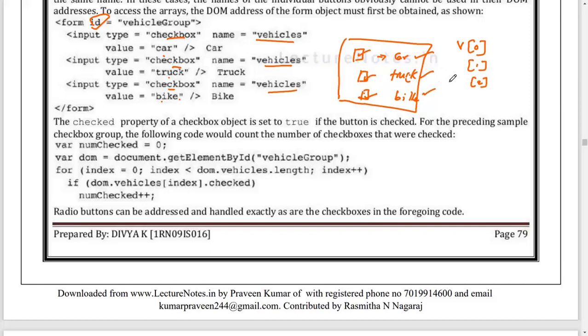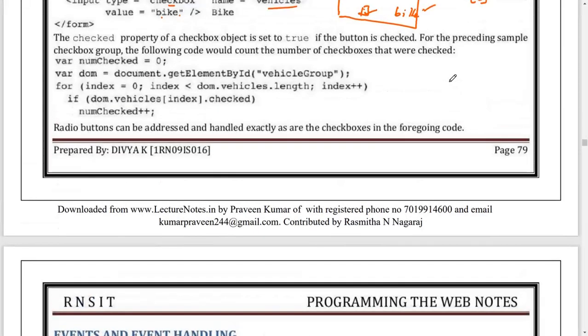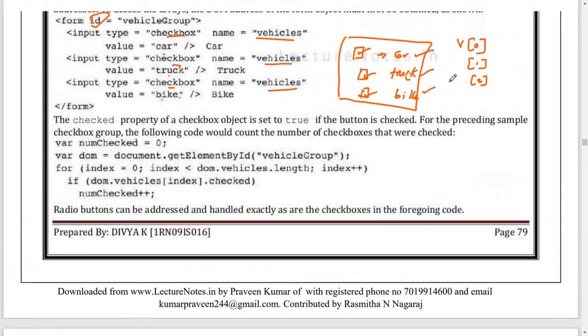Whenever you want to create an array of a particular name, or group a set of elements together, we can do it with the help of the name property. You can see a simple example here of how to group a set of elements with the same name. When two or more elements have the same name, it creates an array.